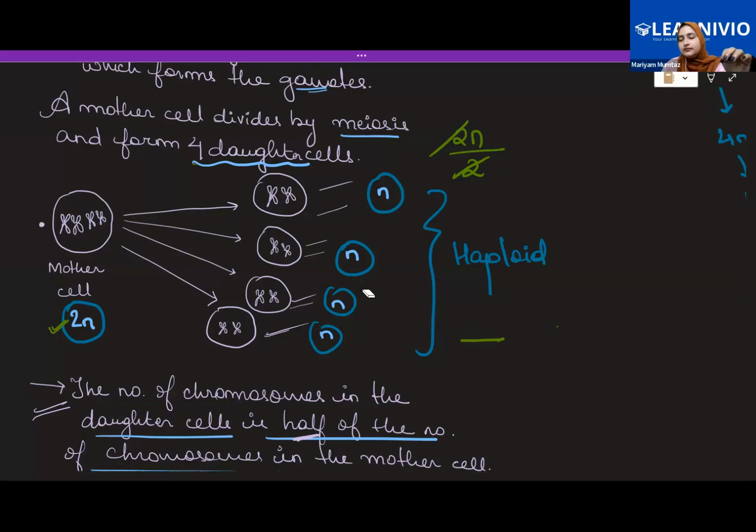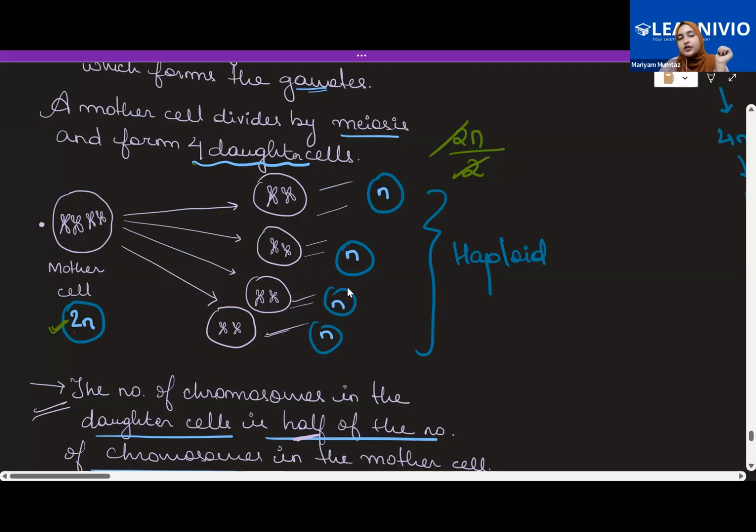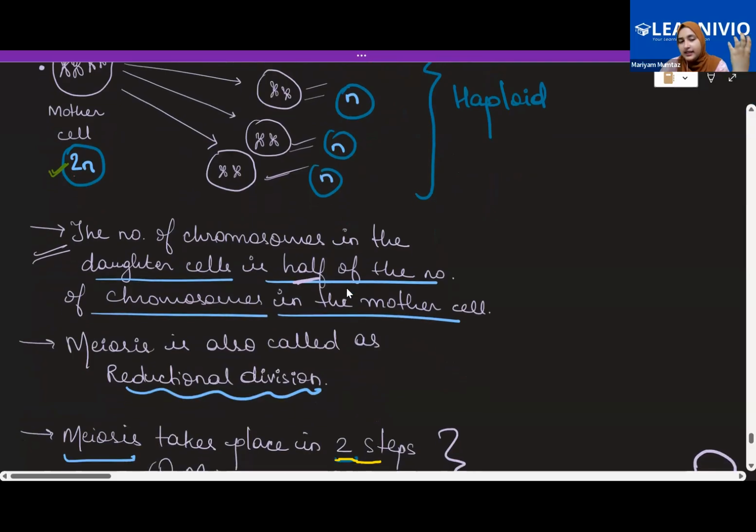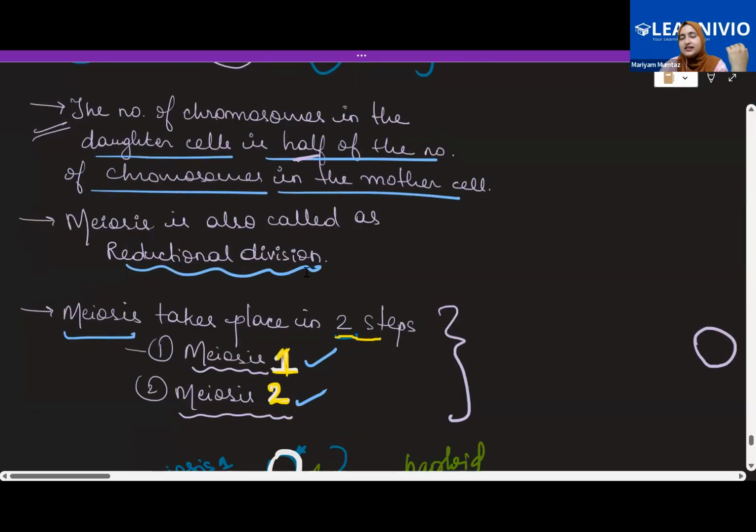Clear? And this is reductional division. Why? From diploid, the condition became haploid, half the number of chromosomes. Since the number of chromosomes in the daughter cells is half that of the mother cell, we call meiosis the reductional division.